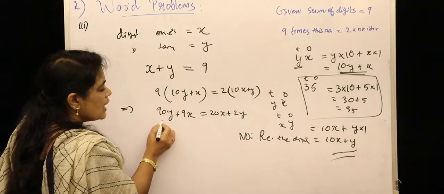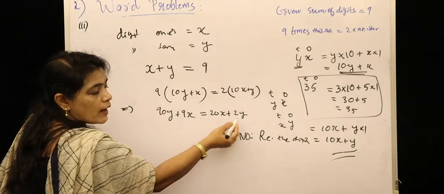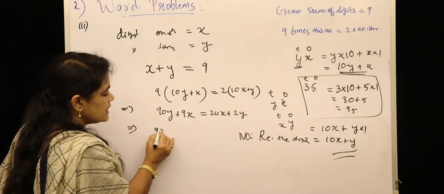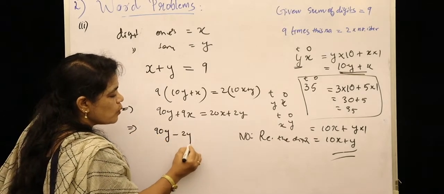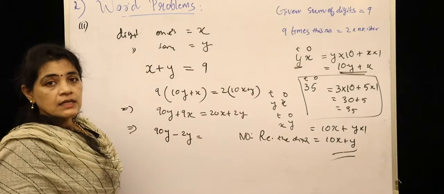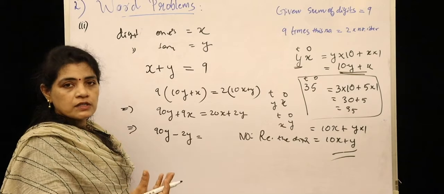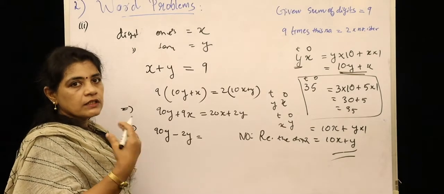So 90y, I am taking the 2y term to LHS, which implies 90y minus 2y equal to. This is the method, children. These are the steps to be followed if you don't have any constant: you should express one variable with the other.